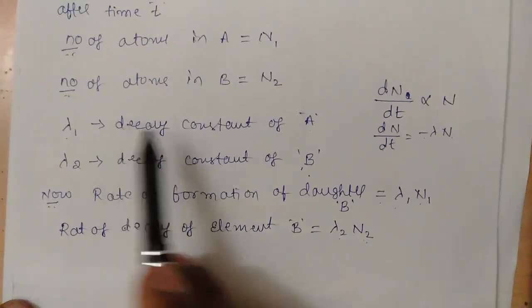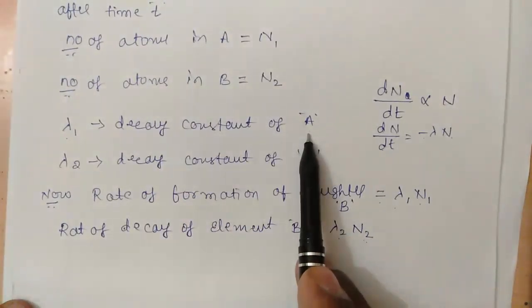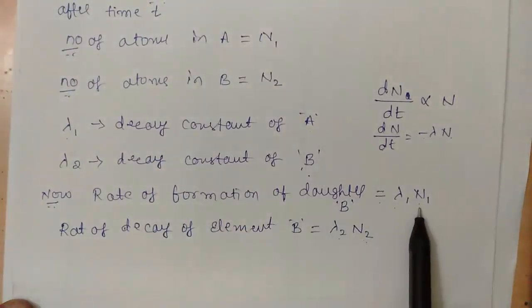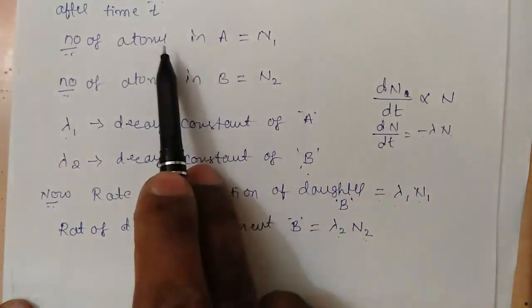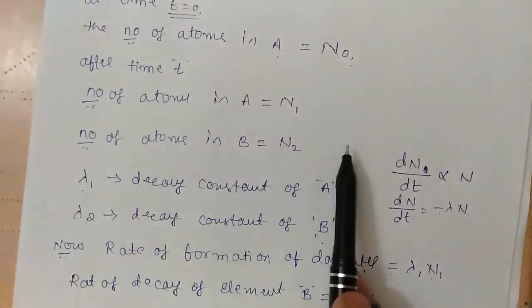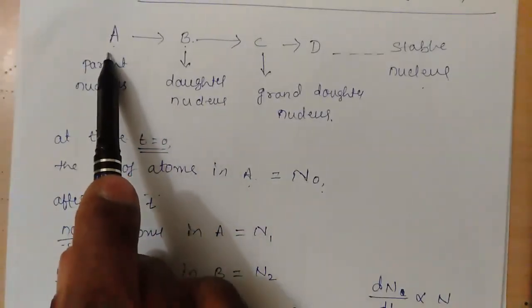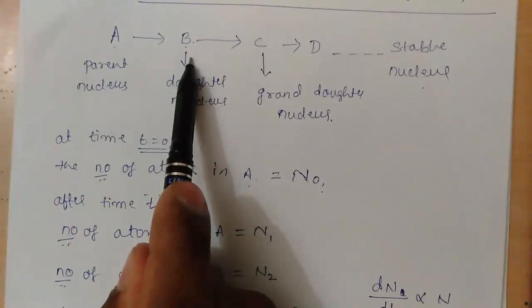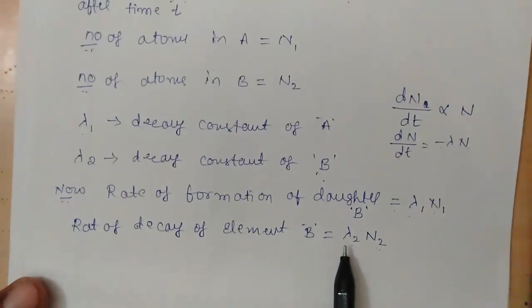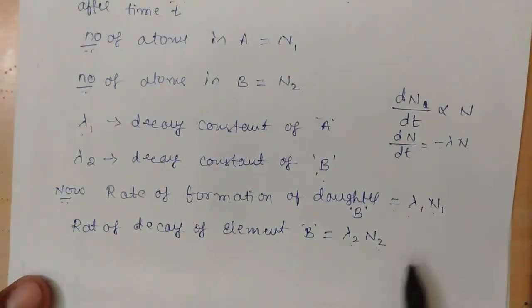Lambda 1 was the decay constant of the first element, the parent element A. What is n1? n1 was the number of atoms at instant of time t in element A. Now when this element A starts decaying to form the other element B, B also starts decaying, so that rate of decay is written as lambda 2 into n2.